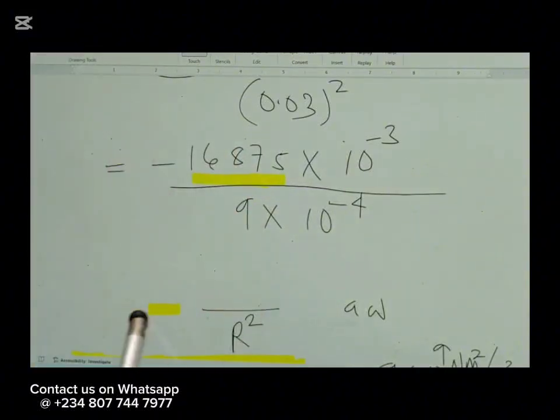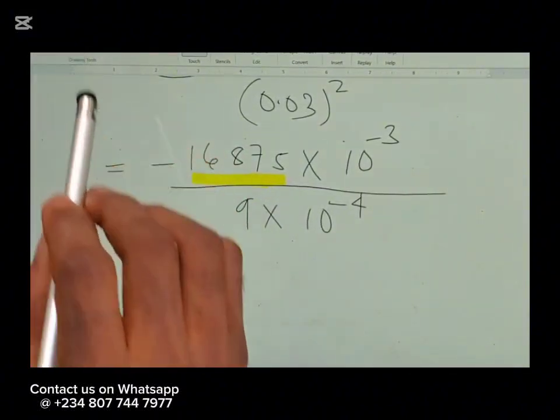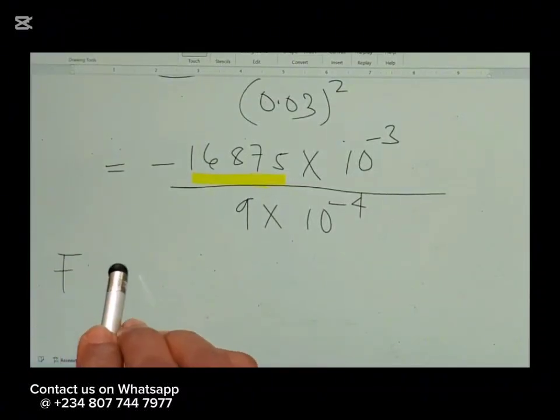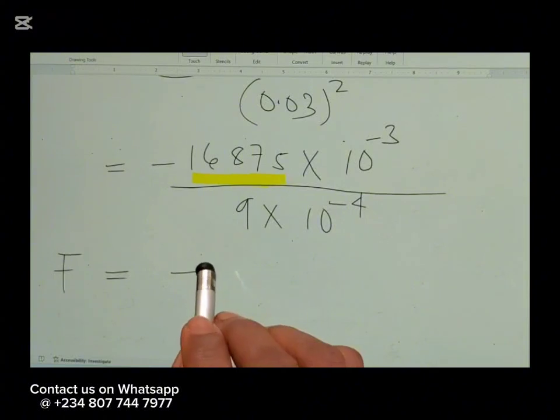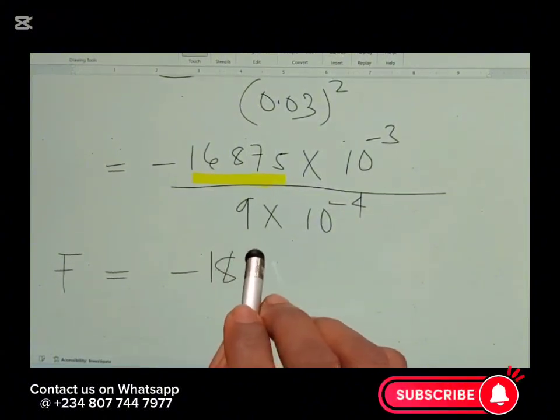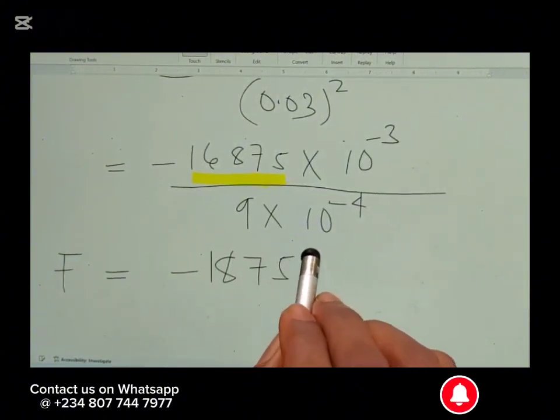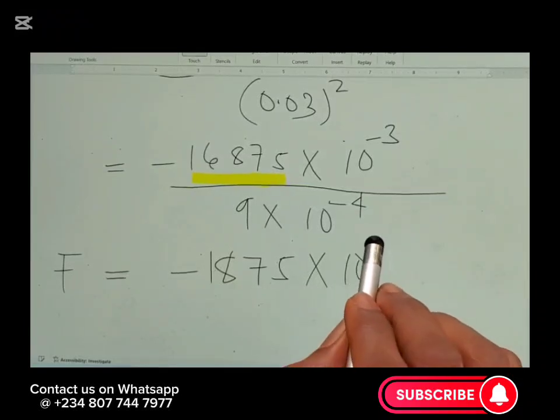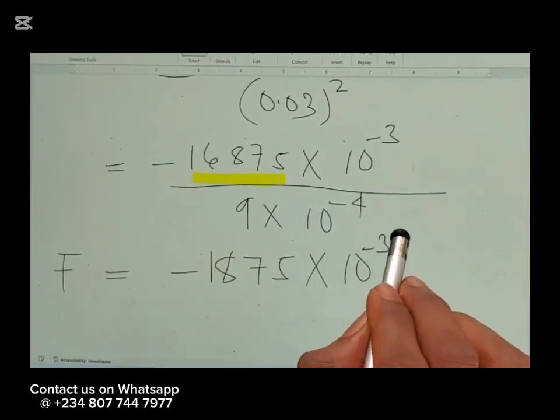Finally I'm going to have my F to be equal to minus. Let's get the value: 16875 divided by 9 is going to be minus 1875, times 10 to the power of minus 3 plus 4.